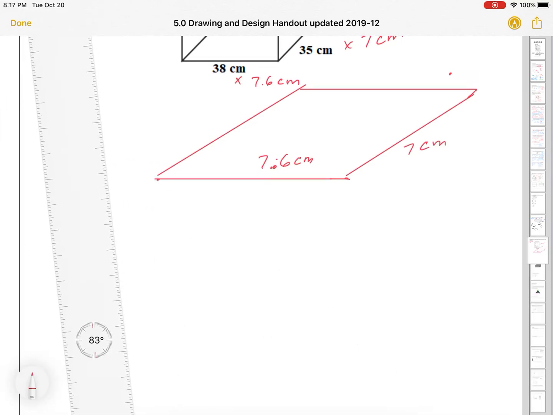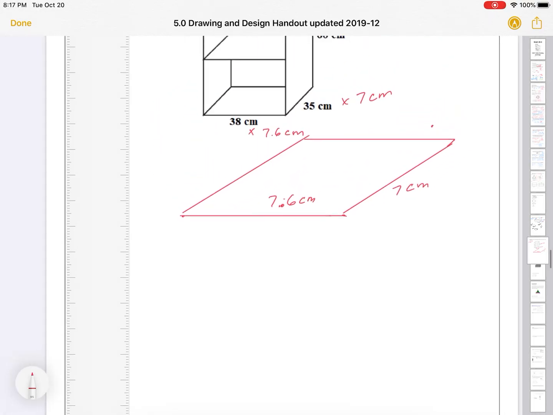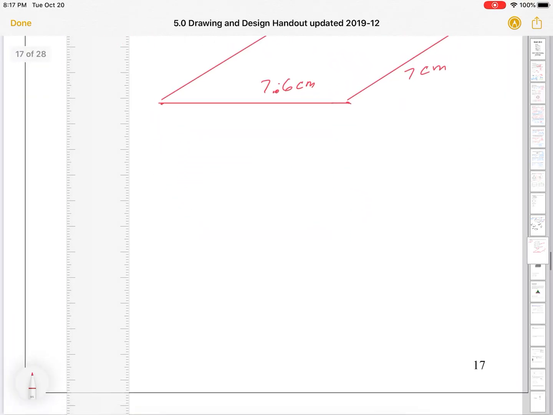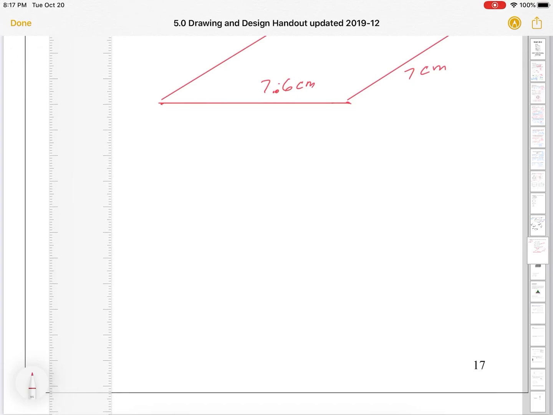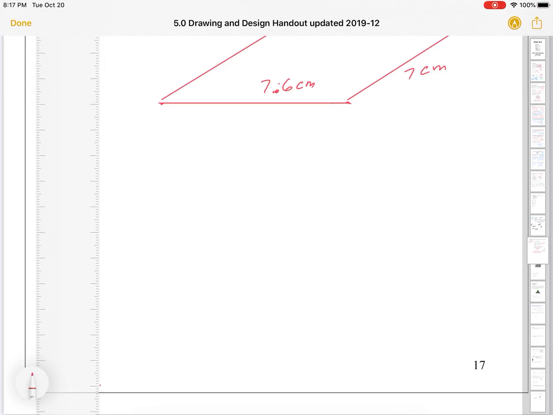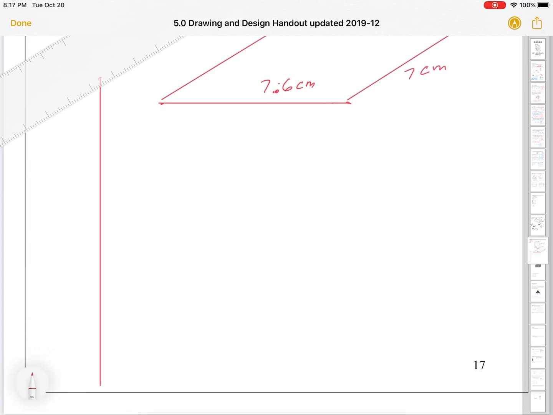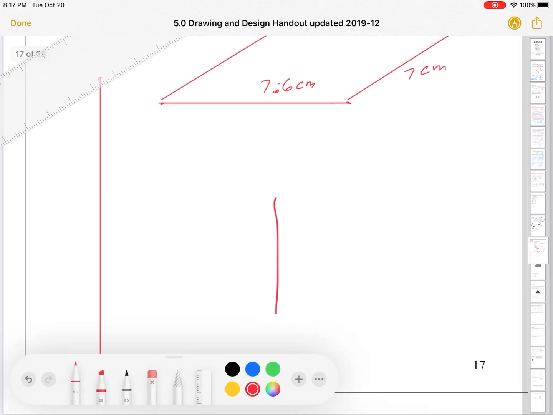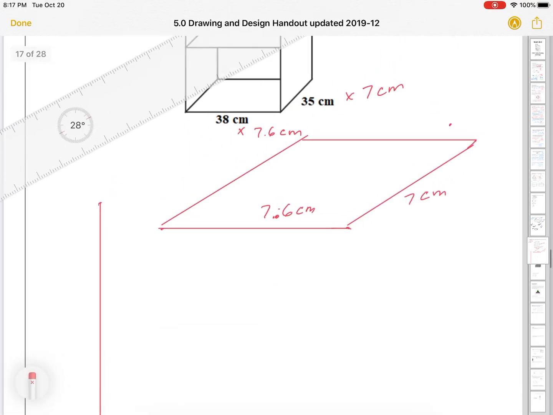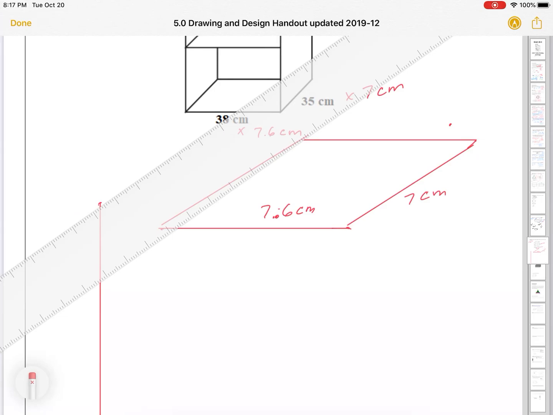And then I have a side. From my unit, this has to be 12 centimeters. I don't know if it can fit on this page. So let's see. 12 centimeters tall for this piece. 1, 2, 3, 4, 5, 6, 7, 8, 9, 10, 11, 12. Just barely, right? It'd be so much easier on paper.